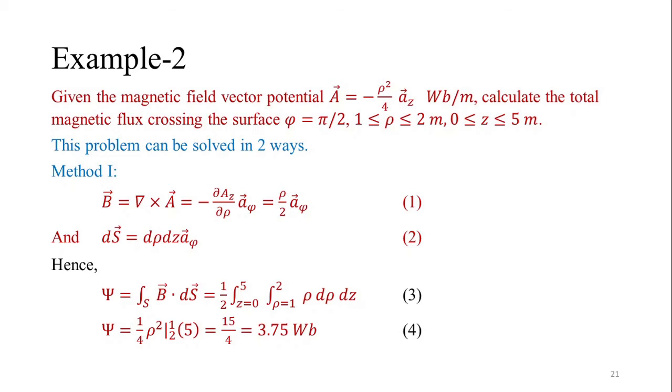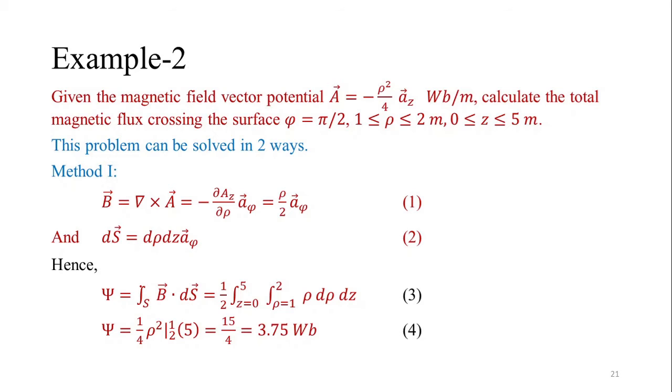Given the magnetic vector potential A vector is −ρ²/4 aZ vector Weber per meter, calculate the total magnetic flux crossing the surface at φ equals π/2, with ρ from 1 to 2 meters and z from 0 to 5 meters.